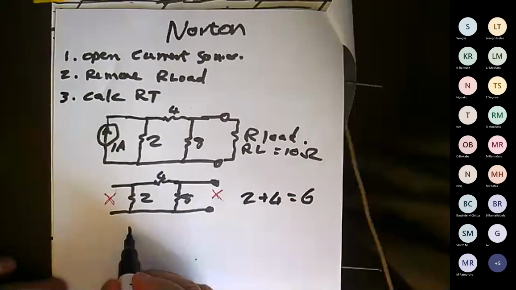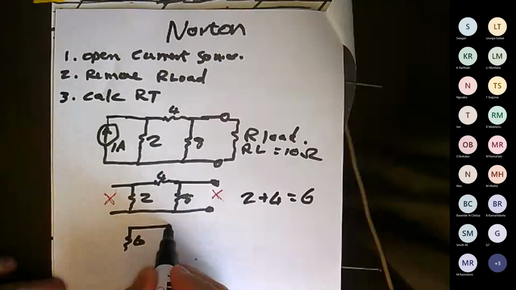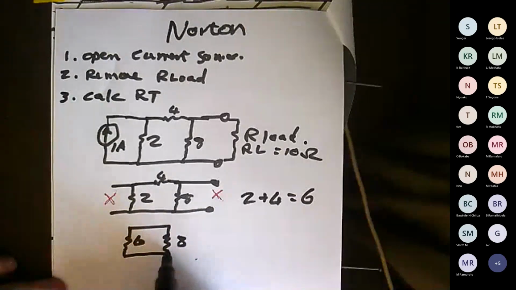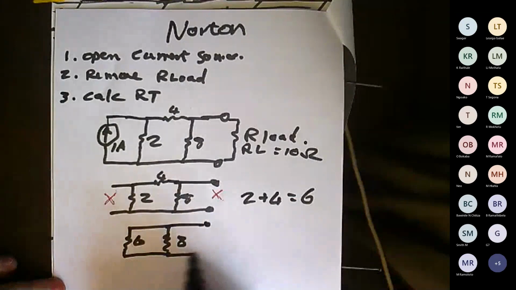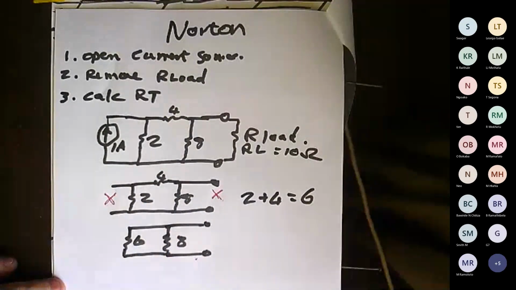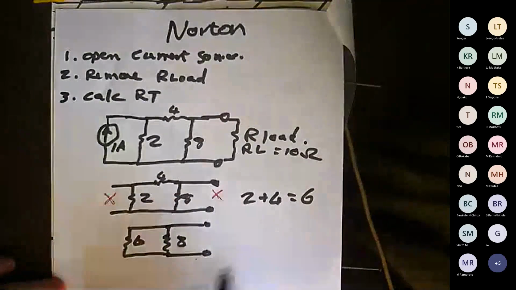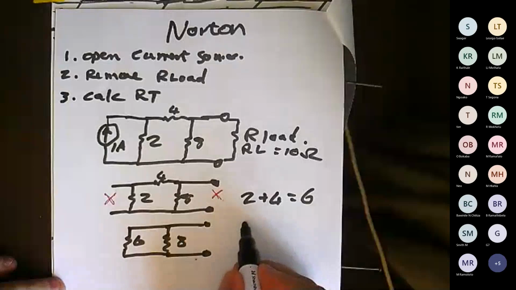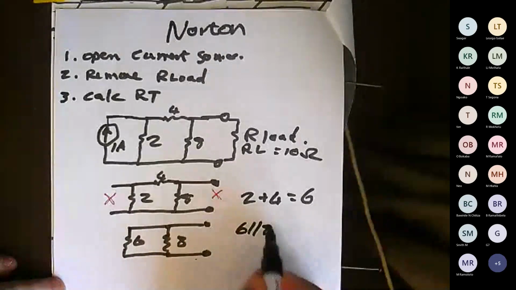If I redraw that 6 ohm, it sits like this. And there's my 8 ohm. And there's my 2 output terminals still there. So this 6 ohm is in parallel with the 8. 6 in parallel with the 8. So my mathematics for that is 6 parallel with 8.